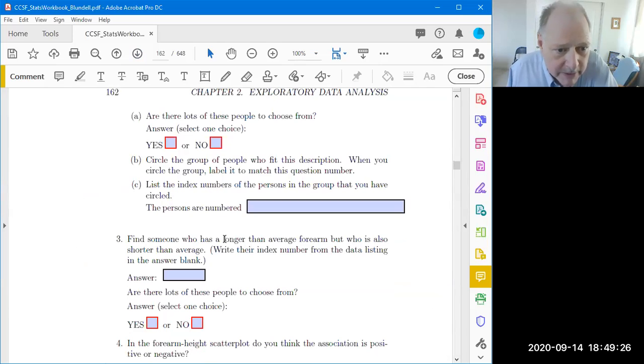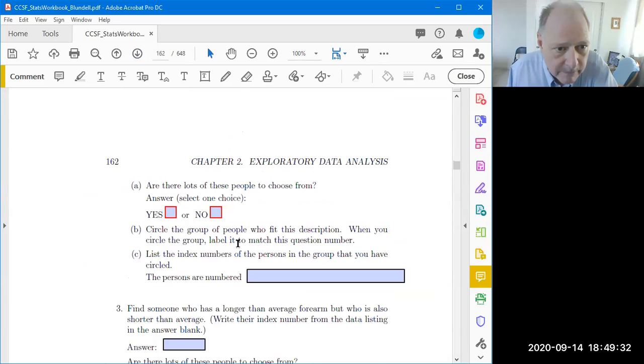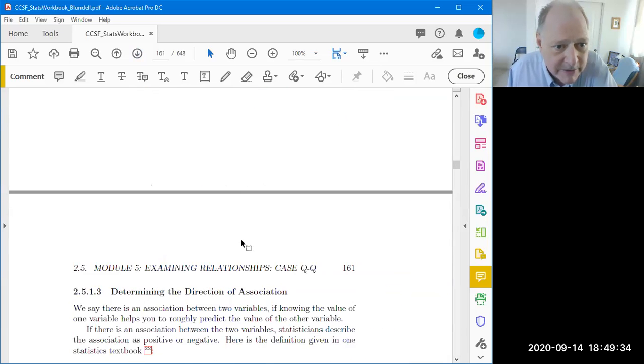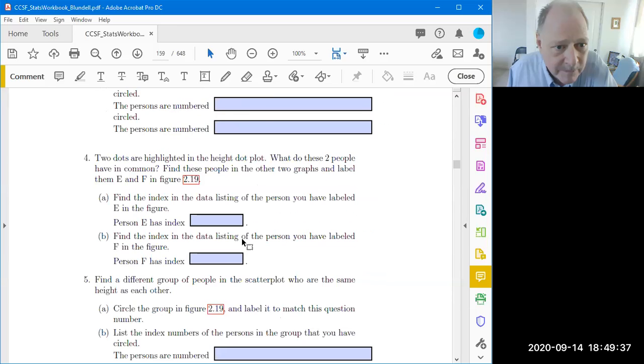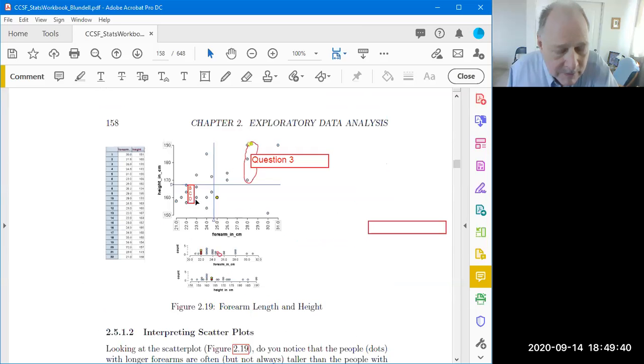And then find somebody who's longer than average forearm and taller than average. So you go through the 4 combinations: short, short, long, long, short, long, long, short. 4 quadrants. And it'll ask you, are there more of them along the diagonal with positive slope, or are there more of them along the diagonal with negative slope?